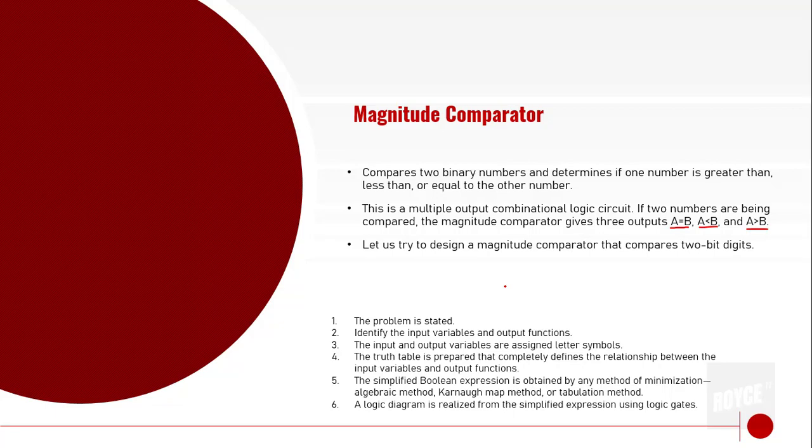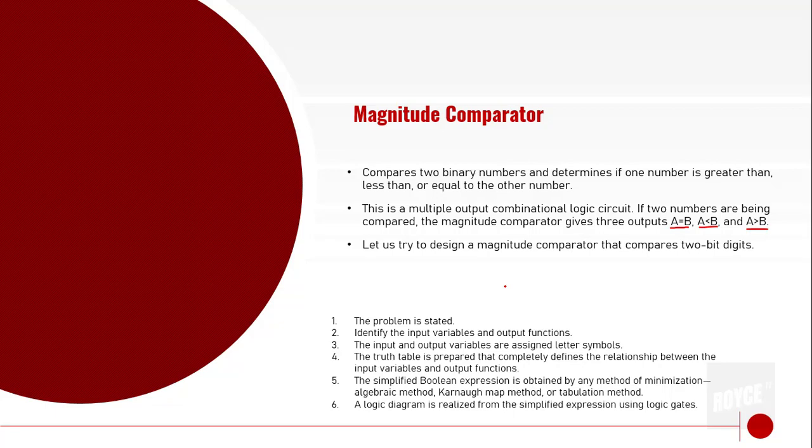So in this case, since this is a magnitude comparator, our output function here is that we're gonna get the outputs where A is equal to B, the outputs where A is less than B, as well as the outputs where A is greater than B.